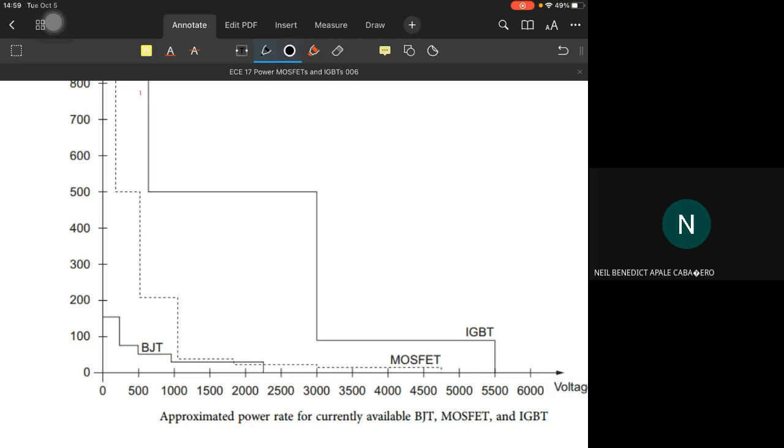But there is a trade-off. Even if our IGBT can handle 5,500 volts, its current rating is small, only around 100 amperes.